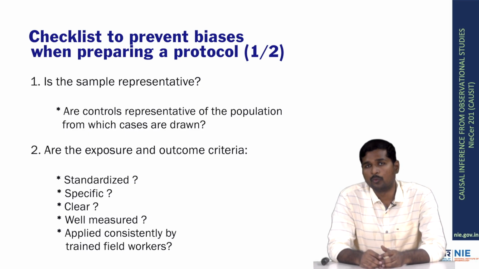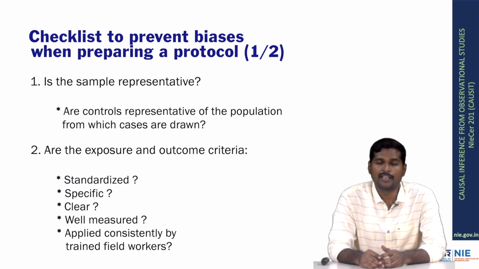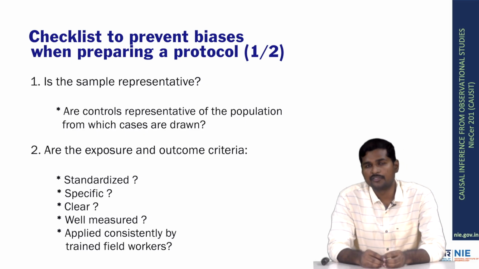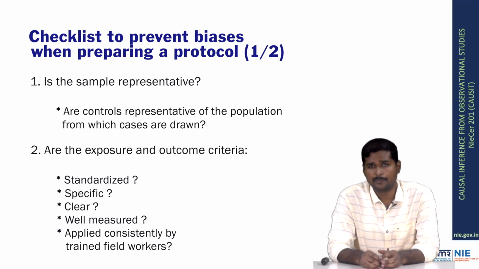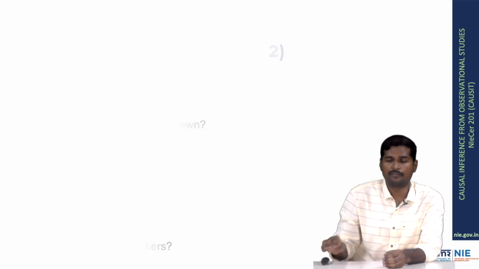For example, if you want to classify a person as having CKD stage 1, 2, 3, 4 or 5, you need to follow some standardized formula, standardized definitions for chronic kidney disease. Are they specific enough? Are they clear enough? Are they well measured? And are they applied consistently by the data collectors or trained field workers? So if you meet these criteria when writing a protocol and then in final execution, you are likely to reduce your chances of information bias.